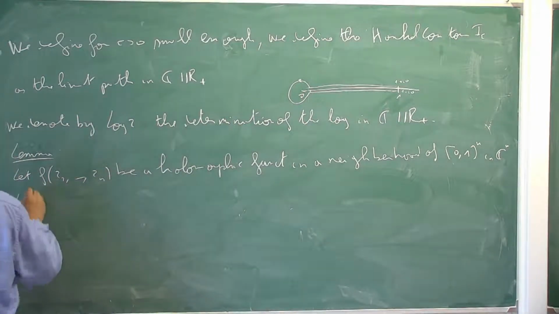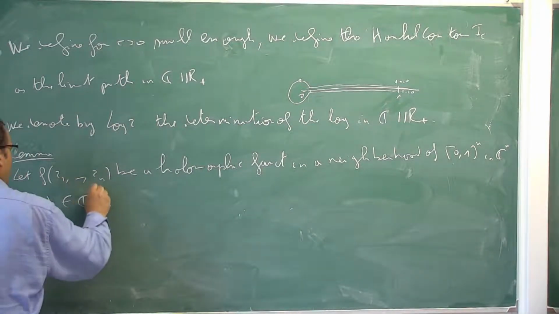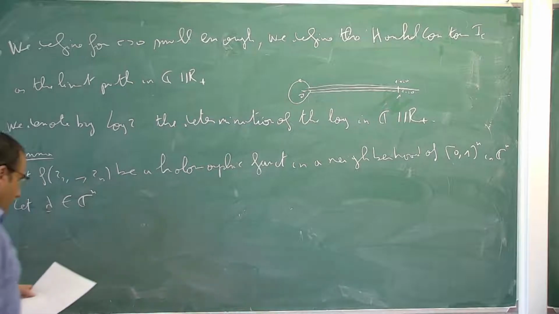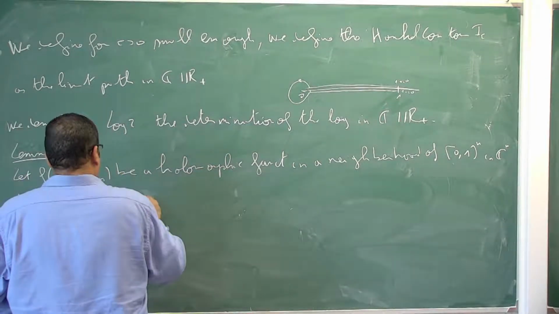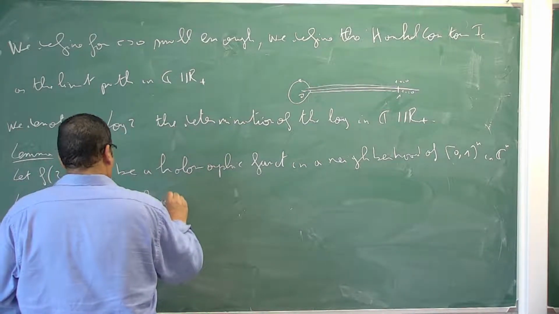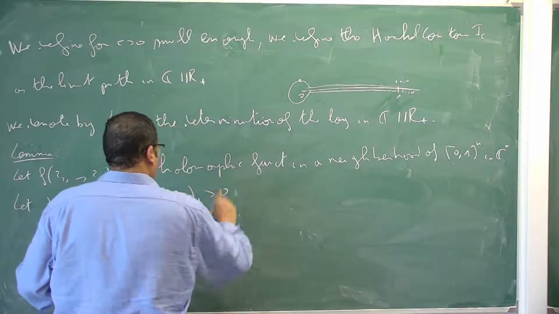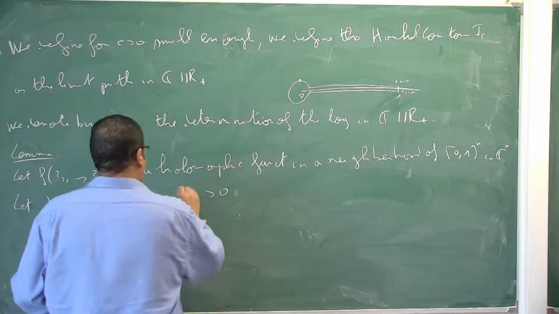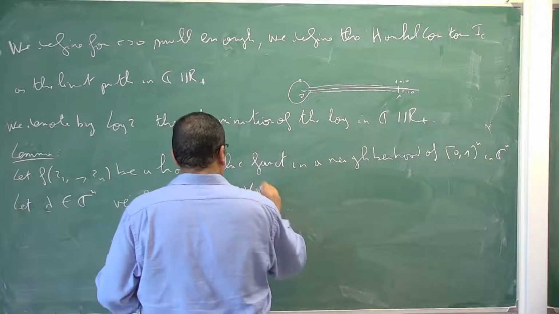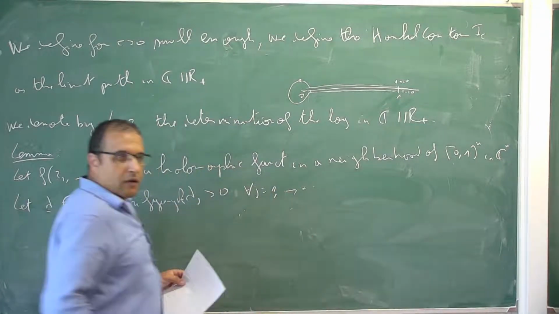Let lambda be a vector of complex coordinates verifying real part of lambda j positive for any j.